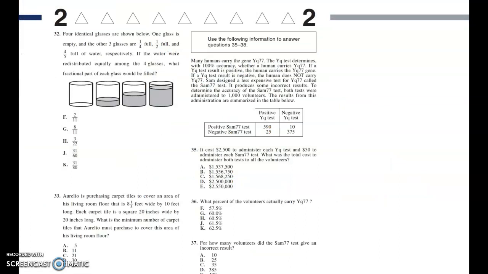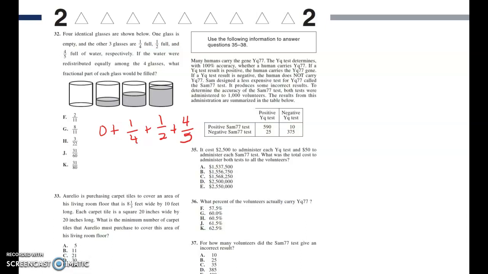Okay, so here on 32, we have nothing in this cup. This glass is filled 1/4. This one's filled 1/2, and this one's filled 4/5 of the way. And we want all of the cups to have the same amount of water. Well, we're going to add 0 plus 1/4 plus 1/2 plus 4/5 together.